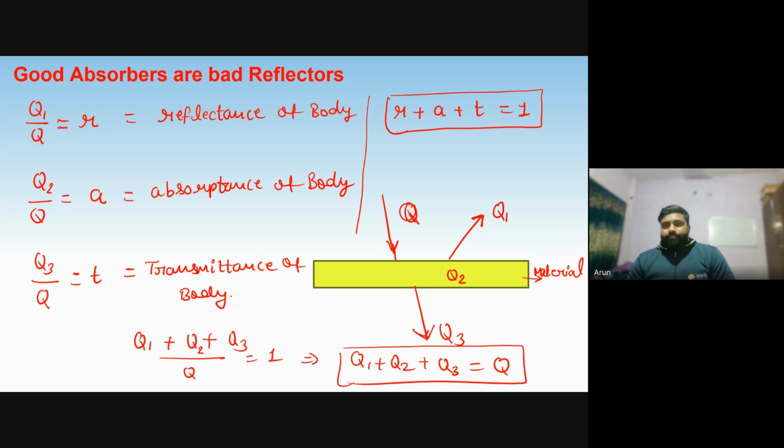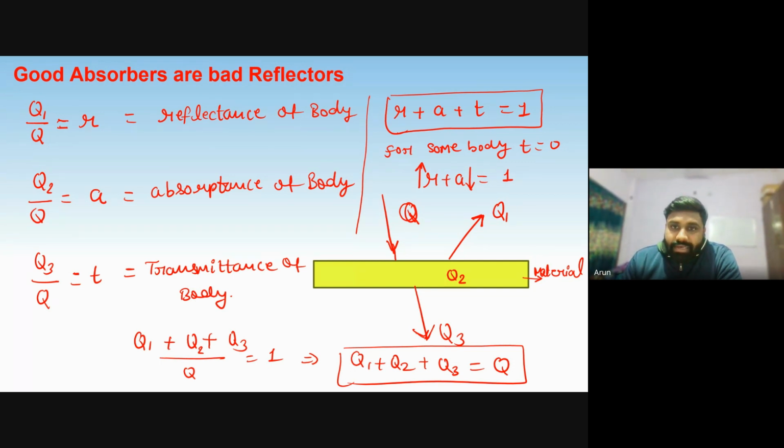So this is the line. Let's say for some body the transmittance value is 0, which means it is not transmitting any heat. So R plus A equals 1 now. If you increase R, the A value should decrease because the sum has to be 1. Increment of R means more heat is reflected, so its absorptive power will decrease.